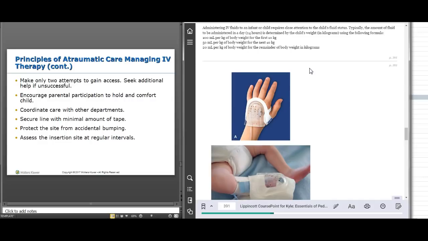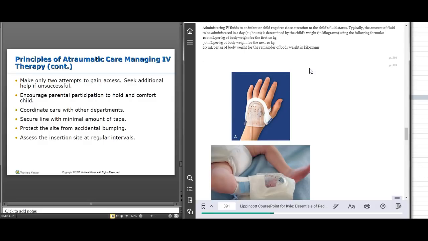So say you have a 25 kilogram patient. We're going to do some math. You take the first 10 kilos, 10 times 100 milliliters per kilo. So you would get 1,000. Put that over here on your right-hand column. Then you have your next 10 kilos. So remember we said 25 kilos. So the next 10 kilos times 50 mLs, that's 500.